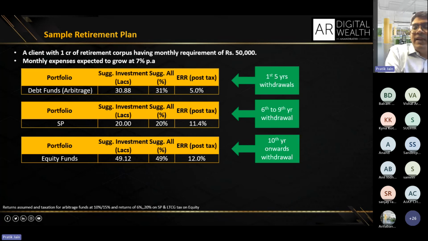So उस हिसाब से if I invest 20 lakhs, I know that after 5 years this 20 lakhs will become 40 lakhs. So the structure allocation is 20%. 20 lakhs has been invested here.